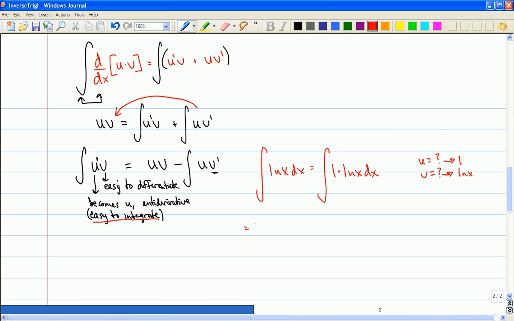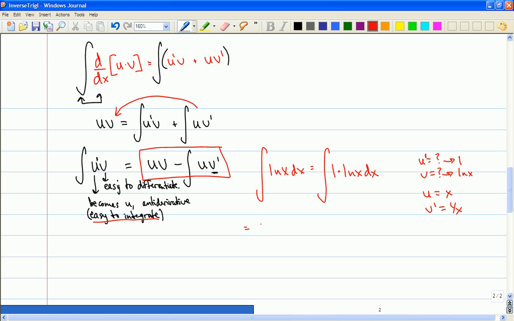So if I split this into two pieces, that means u prime is 1 and v is natural log x. So u is x, and the derivative of v is 1 over x.